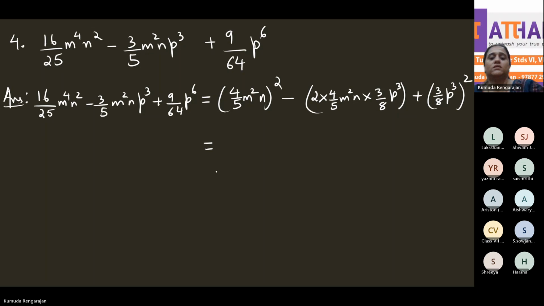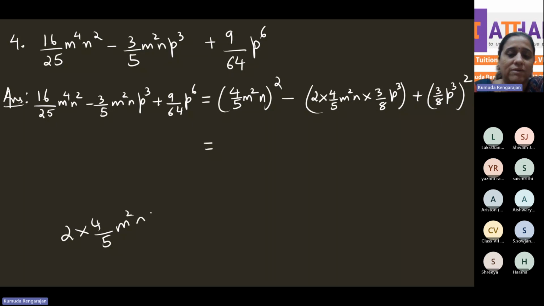Now just check the middle term. You need to simplify and check the middle term. You can do it in your rough column. Don't cancel it here. In the rough column, 2 into 4 by 5 m square n into 3 by 8 p cubed. 2 4s are 8 and 8 will get cancelled in the denominator.